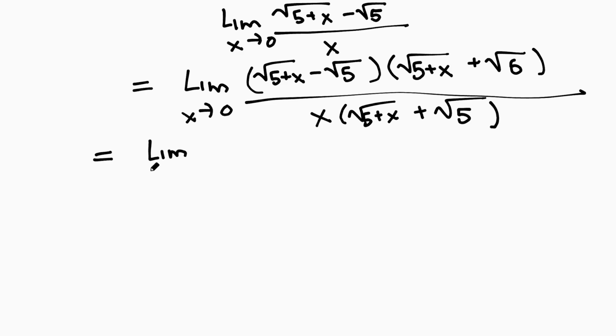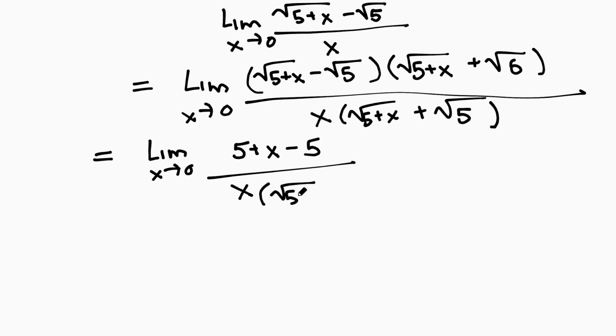Alright, I will apply the difference of squares formula, but in backward, to the numerator. I'll have 5 plus x minus 5 over x times this thing. Okay, these two will just be equal to 0. x will cancel each other out.